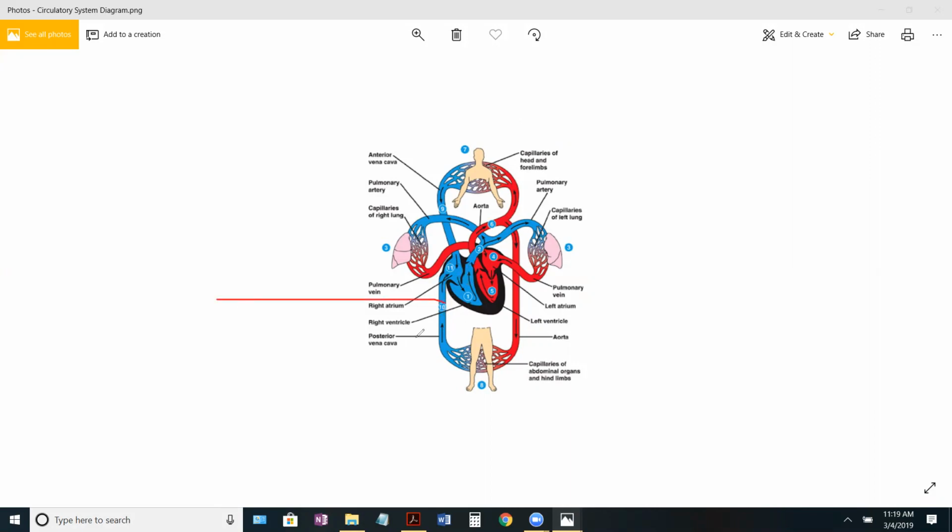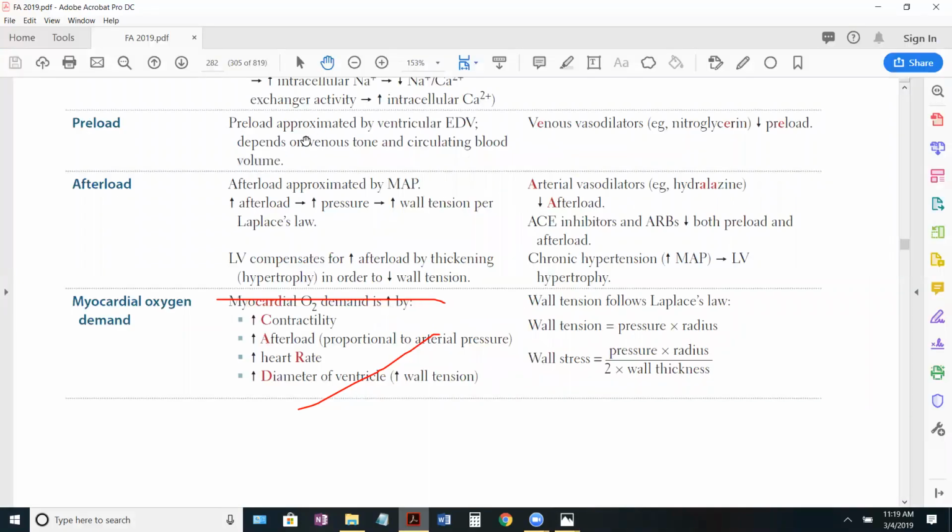And the second thing is that if you have less blood in the circulatory system, then the preload will be less. No other third factor affects the preload. The two factors that affect the preload are the venous tone and the circulating volume.